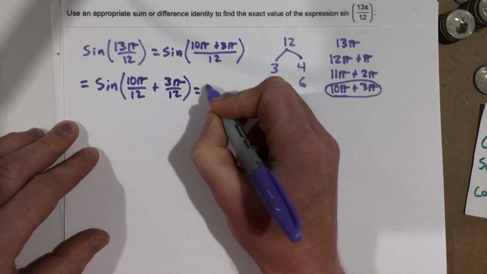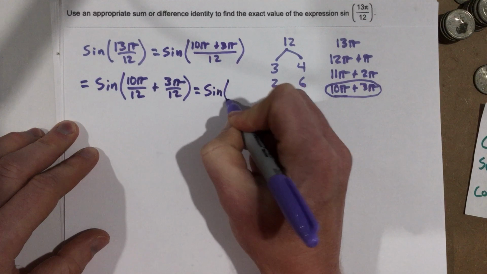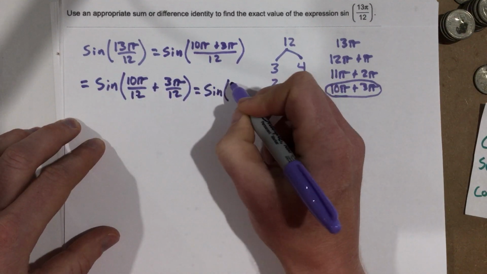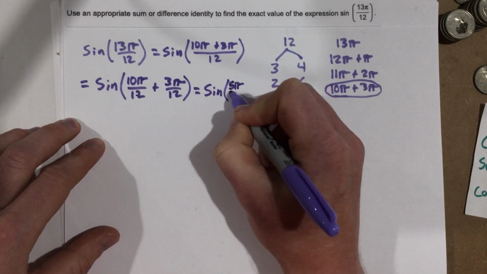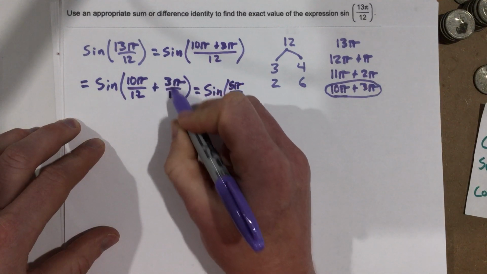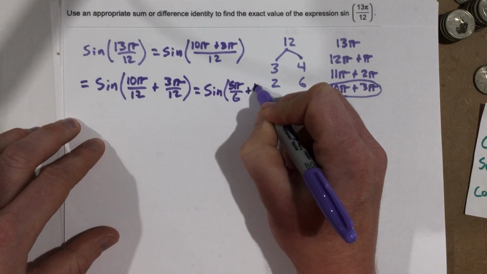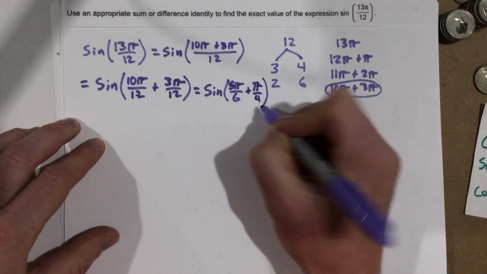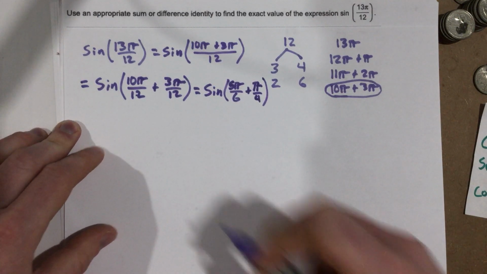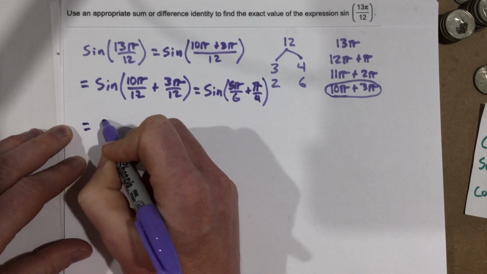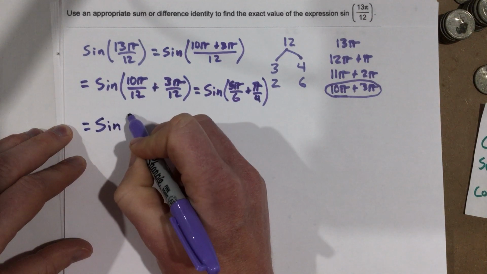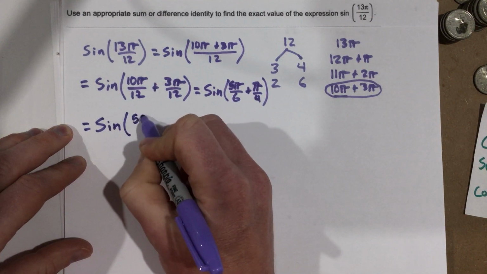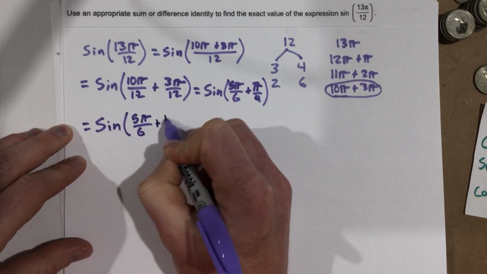If I divide both of those by 2, I get 5 pi over 6. If I divide this by 3, I get plus pi over 4. And so I can now say that this is sine of 5 pi over 6 plus pi over 4.